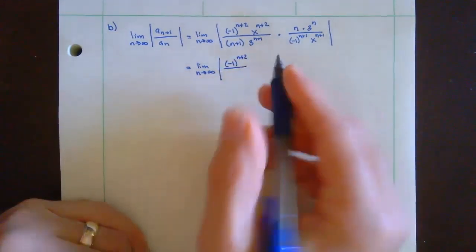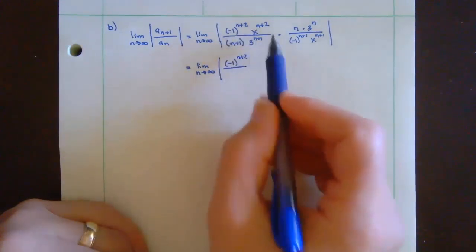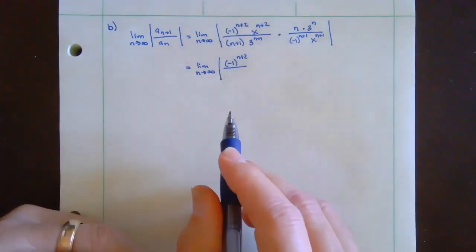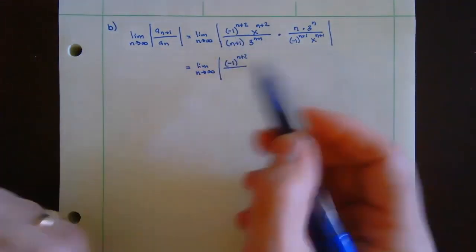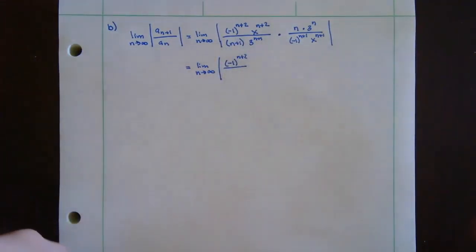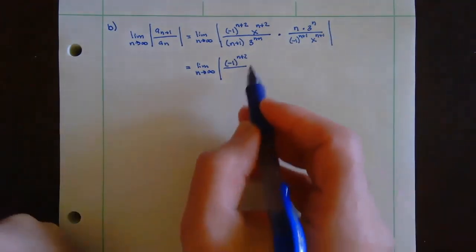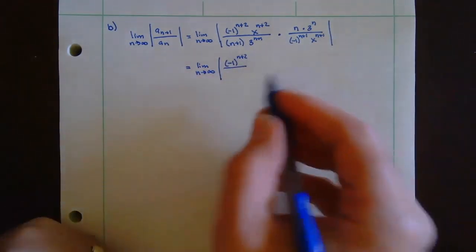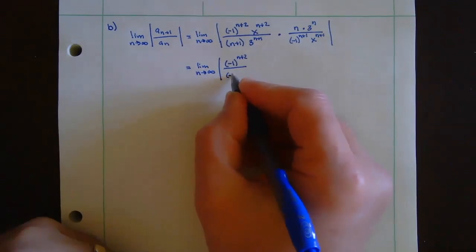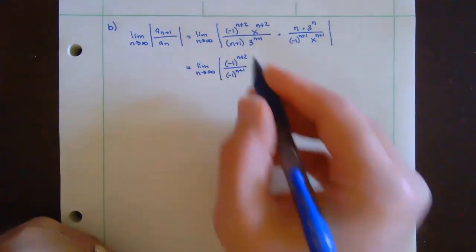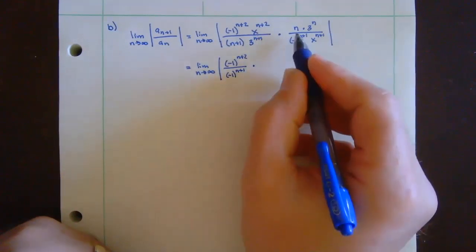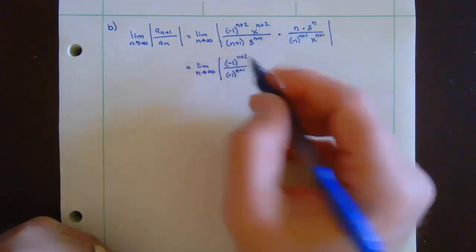And you've seen me, I don't always write the negative 1, okay? You don't have to, because this is going to become positive because of the absolute value. So you don't see me always writing it because this is just going to become 1, okay? And so this would be negative 1 to the n plus 1 times n over n plus 1.